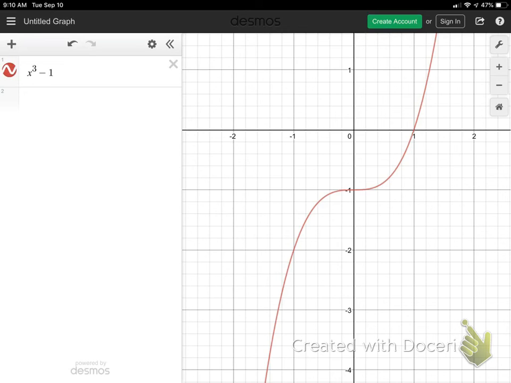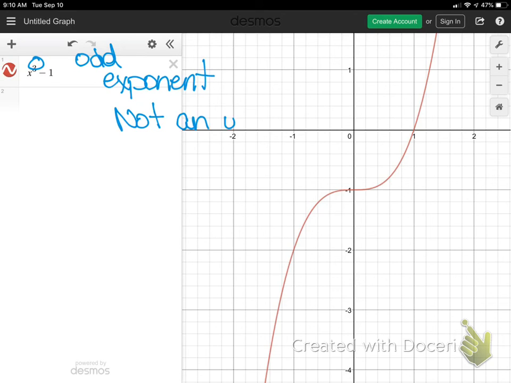So I have an odd exponent. This is not an odd function. Okay? Odd exponent, not an odd function.